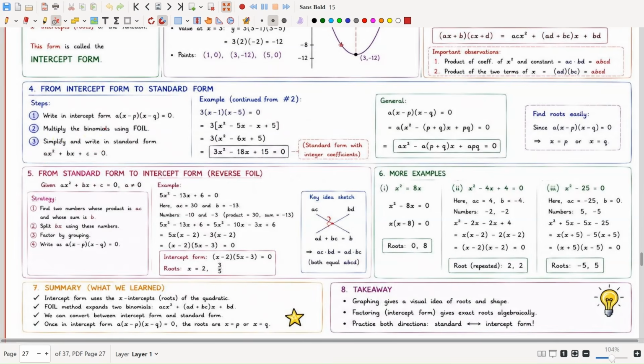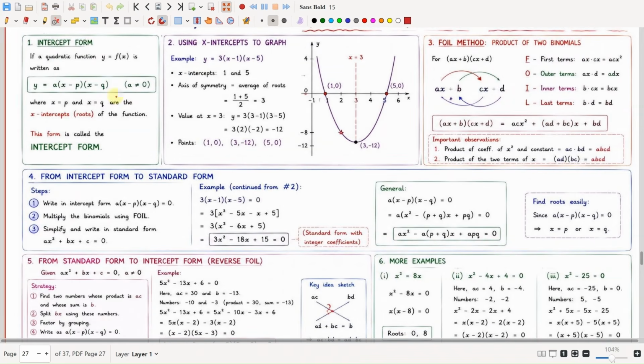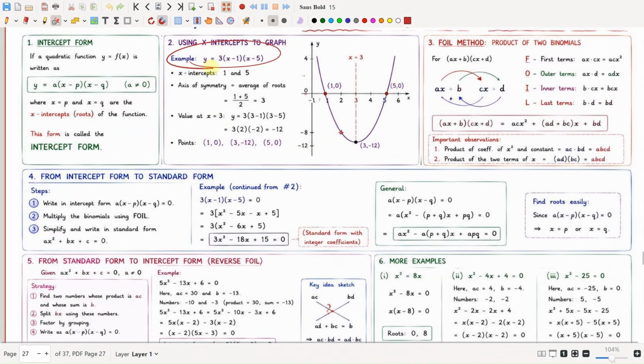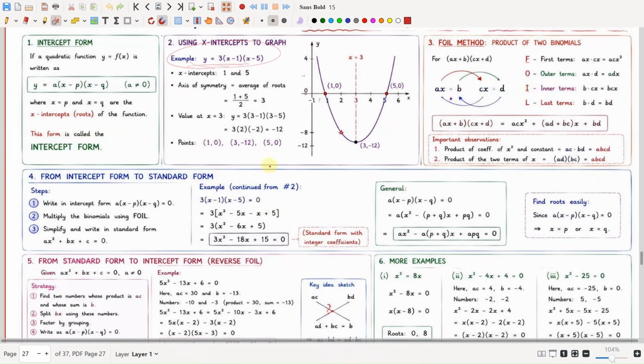So in this question we had a quadratic function. This is in the intercept form, right? Now I am going to change it to the standard form, which I am going to achieve through the FOIL method.